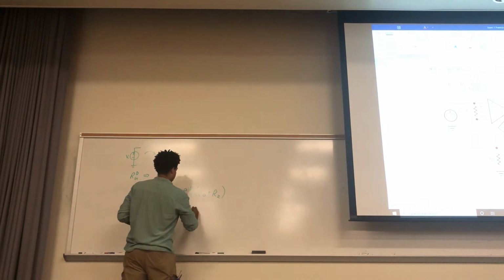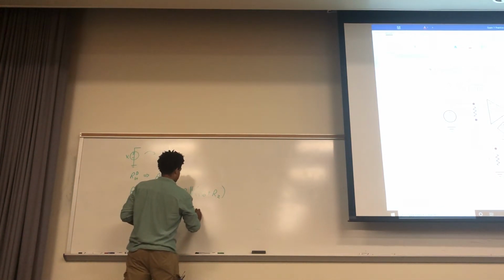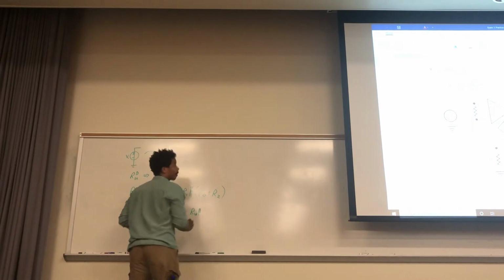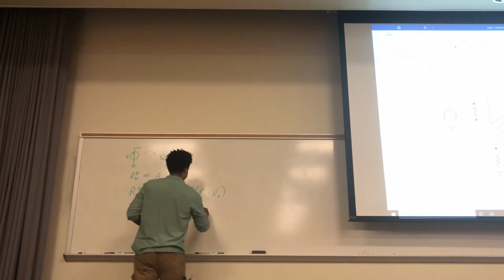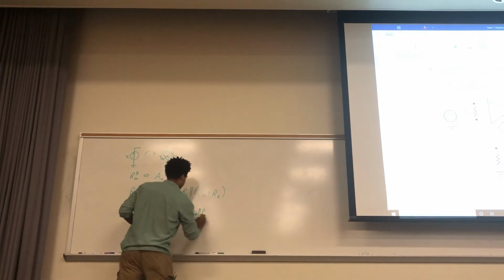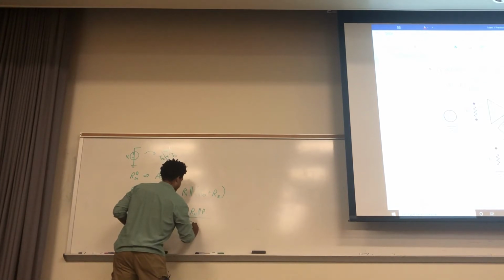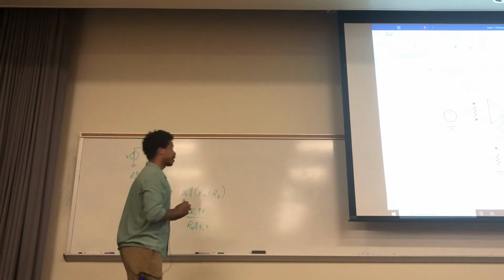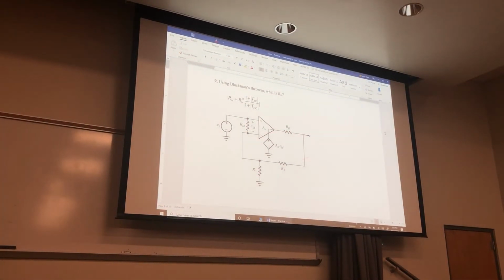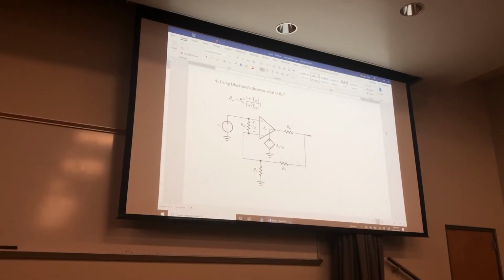So it's going to be RID in parallel with R1, divided by RID in parallel with R1, and that's in series right here with these two guys. So that's R2 and R0.